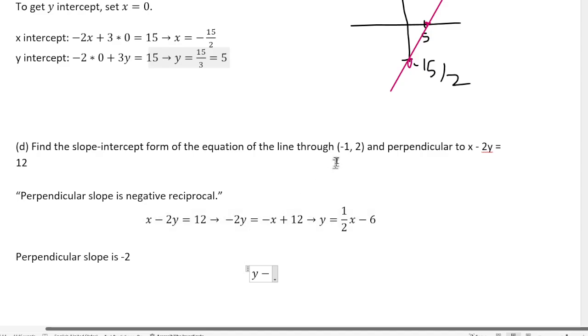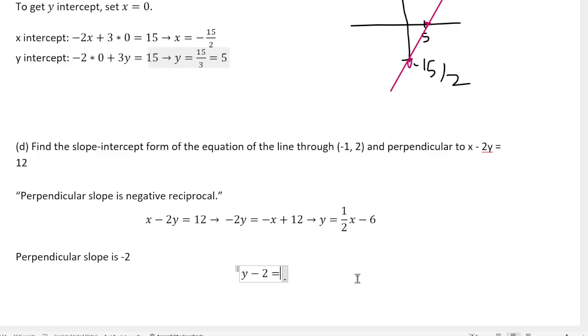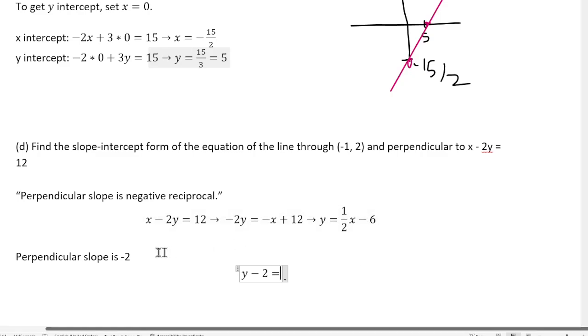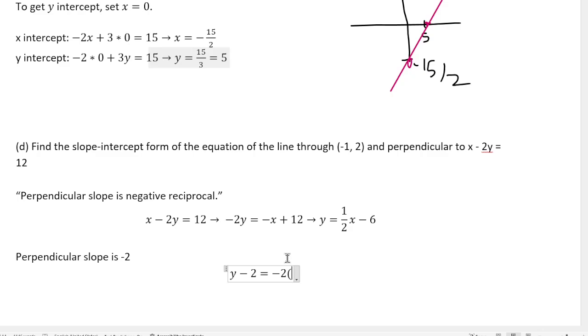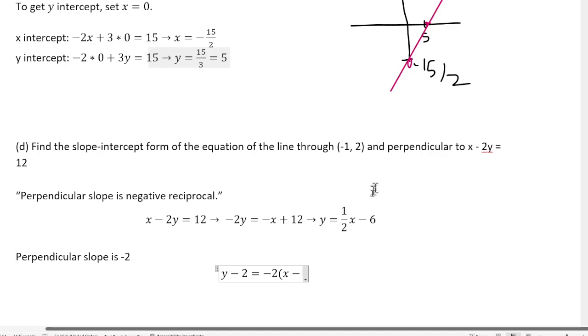Now use the point-slope form. y minus 2, and slope is negative 2, so it's negative 2 times x minus negative 1.